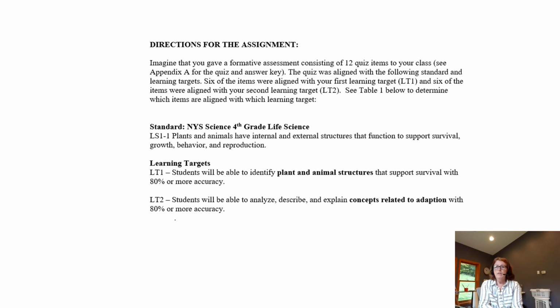So the first learning target is about their structures. The second learning target is about adaptation. And those are both aligned with the standard. So we're clear so far, and I want you to also focus that students have to get 80% or more of the questions correct for you to consider that they've mastered that target. 80%. Keep that number in your head.